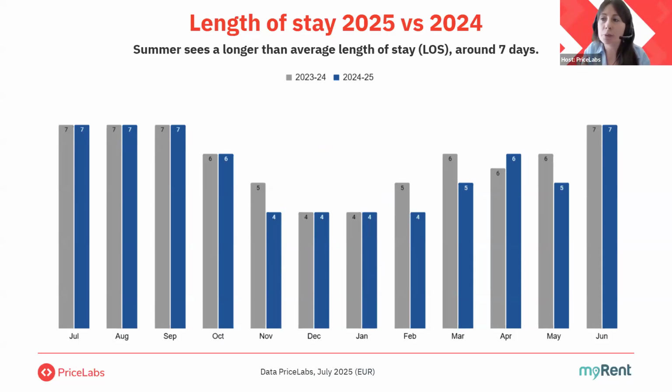You can use a seasonal profile to have a minimum stay which is shorter for low season, minimum stay which is higher for high season. So you can align to the market and avoid to miss opportunities. Also, this is decreasing this year a little bit because maybe it's better to be a little bit more flexible.